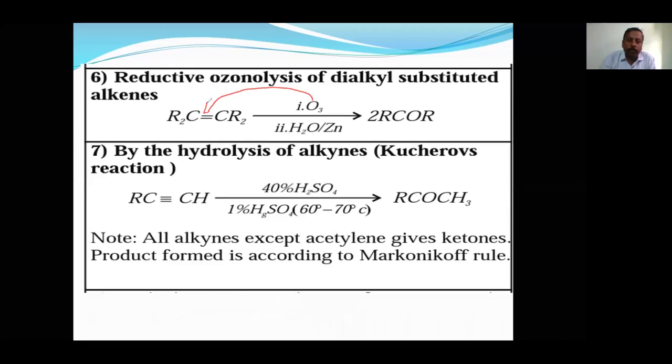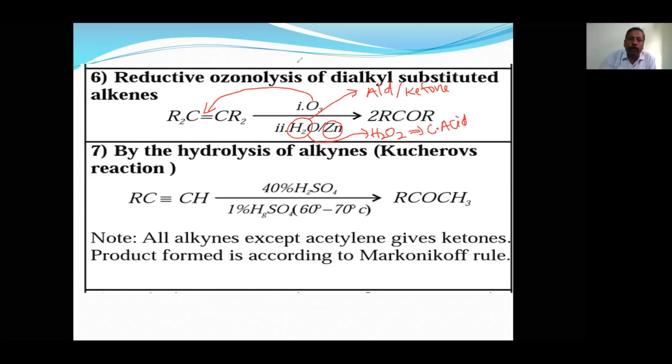Whenever ozone is used, it is going to react only at the pi bond. After that, because of zinc and H2O, you have to be very careful: if it is H2O, you get aldehyde or ketone. Make a note of it. If sometimes in place of H2O they write H2O2, then it is going to give carboxylic acid.